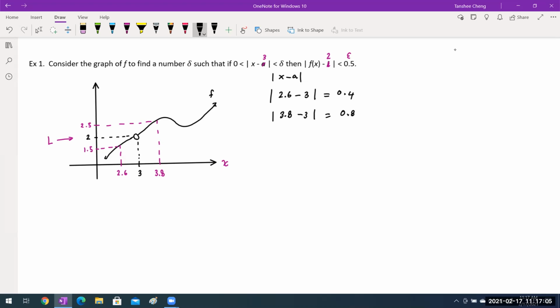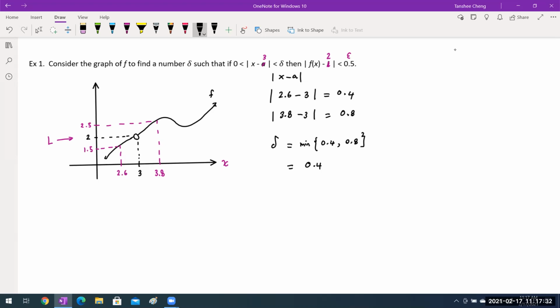The smaller one is 0.4. Remember, we want to make it closer and closer. So in this kind of situation, when we have two different deltas that we can get, the delta that we need to choose is the minimum of these two, the minimum of 0.4 or 0.8. So in this case, the minimum will be what?